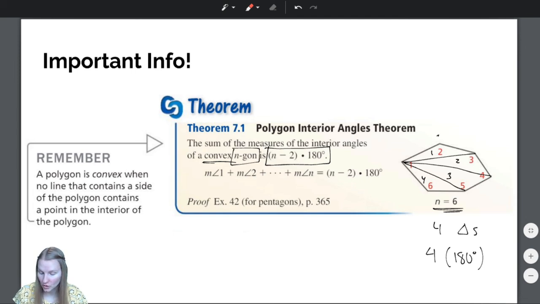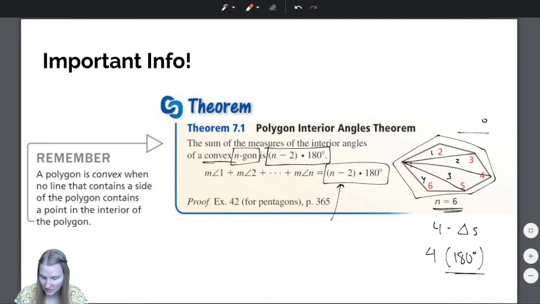So if I want to know the total number of degrees inside of this shape, I can take the number of triangles times 180. And that's what this is. This is the number of triangles times the number of degrees in a triangle.